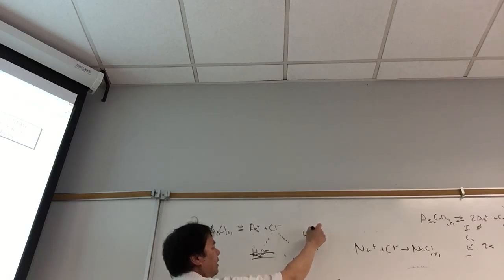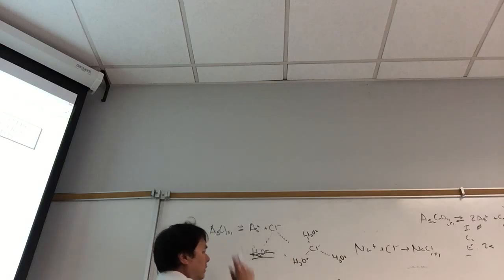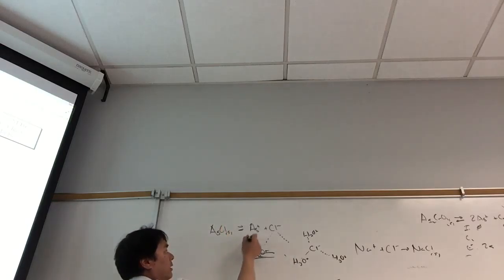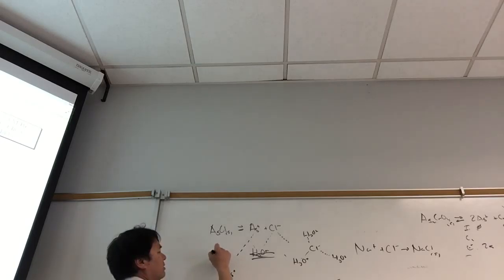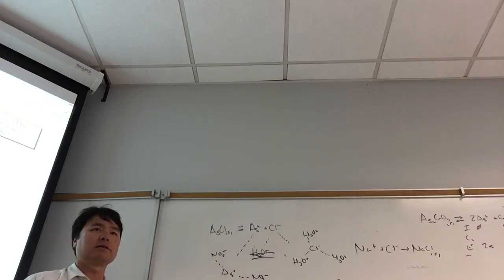They don't react, they pair. And then the silver ions will pair around, let's say I added nitrate. And so the silver ions will pair around nitrates. And so this will increase the solubility slightly.